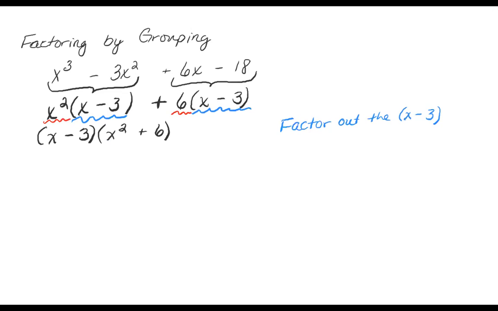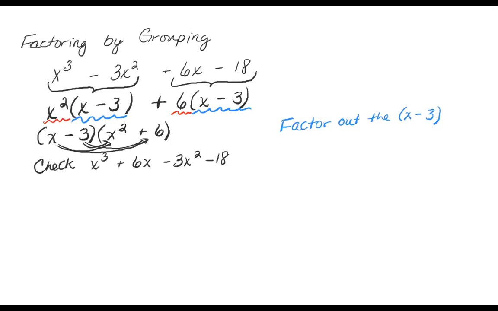Remember, every factoring problem can be checked by multiplying. So if I want to check this, I multiply back out x times x squared, x cubed, x times 6, 6x, minus 3 times x squared, minus 3x squared, and minus 3 times 6, minus 18.